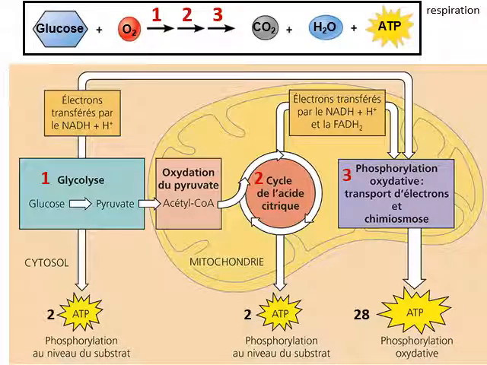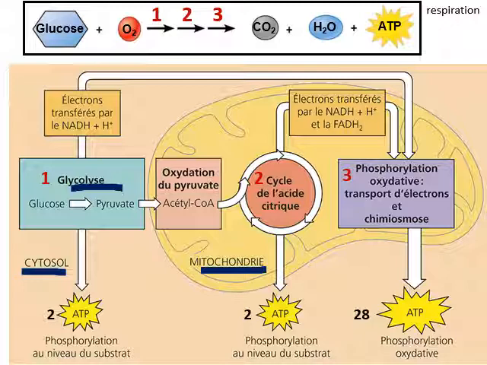Here is the mitochondria showing the 3 steps of respiration and where they take place. Glycolysis takes place outside in the cytosol. The cytosol is the liquid we find in each cell. Inside each of our cells is a mitochondria.